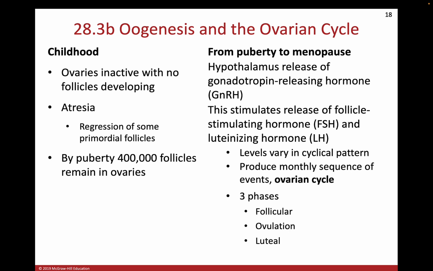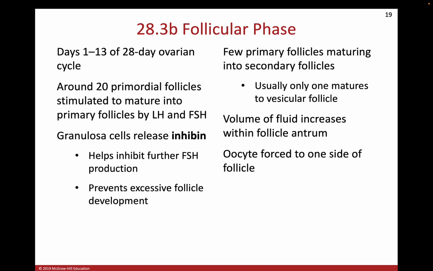The phases of the ovarian cycle are the follicular phase, ovulation, and the luteal phase. Now, we will be using a standard 28-day cycle, but please keep in mind that there is a lot of individual variation here. You're not responsible for knowing what happens on the various days. We're just using that as a frame of reference so that you have an idea of the timeline of this cycle.